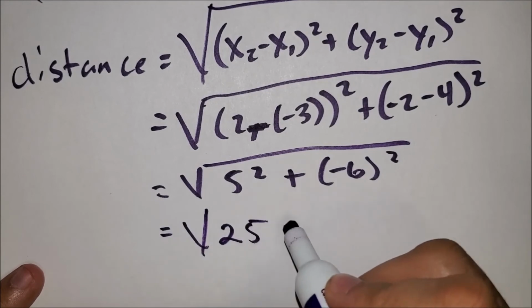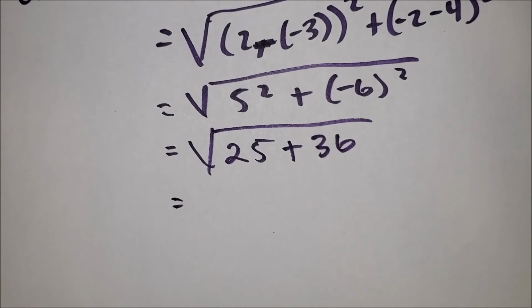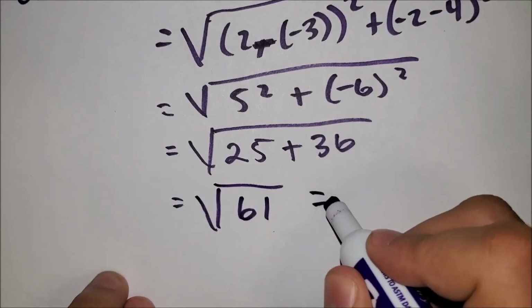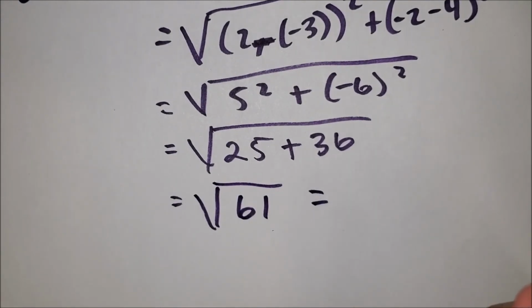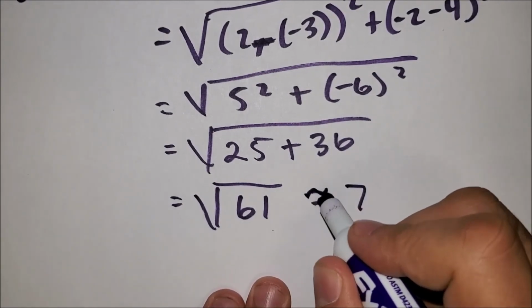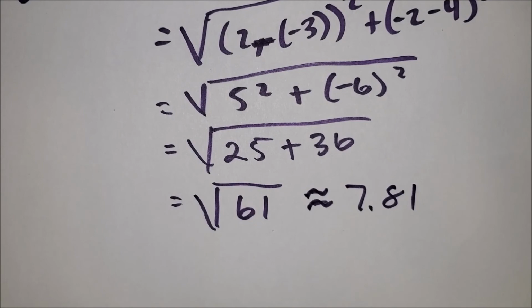This is root 25 plus 36, which gives you the square root of 61. And the square root of 61 is about 7.81. So our distance is 7.81.